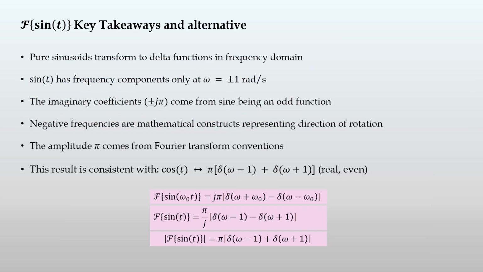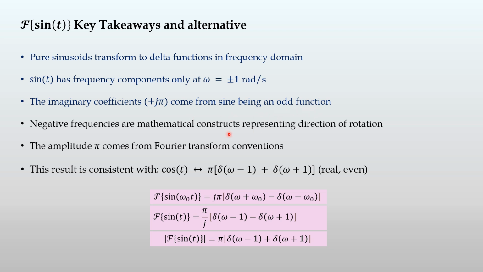Several fundamental conclusions are derived from this analysis. First, it is confirmed that pure sinusoidal functions transform to Dirac delta functions in the frequency domain. Second, the sine function is found to possess frequency components exclusively at ω equals plus and minus 1 radian per second. Third, the imaginary nature of the coefficients is attributed to the sine function being an odd function in the time domain.